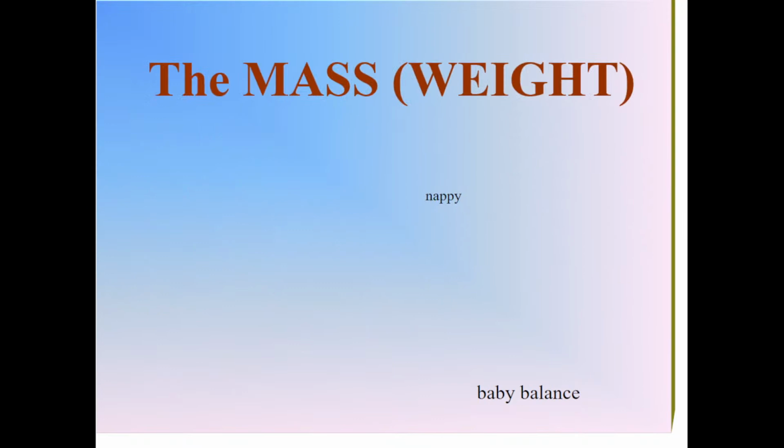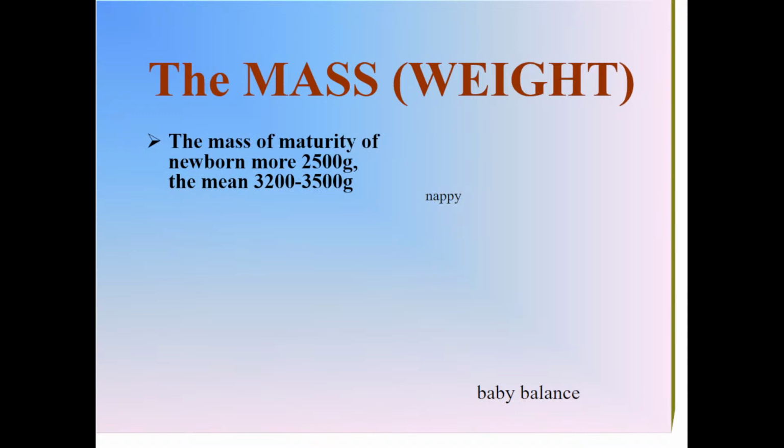Now we continue about mass of body, or weight. The mass of a full-term newborn is more than 2,500 grams. The average is between 3,200 to 3,500 grams.